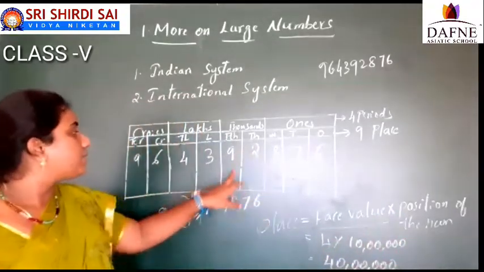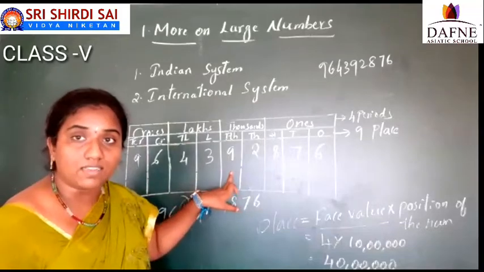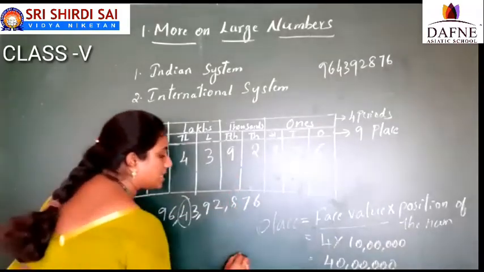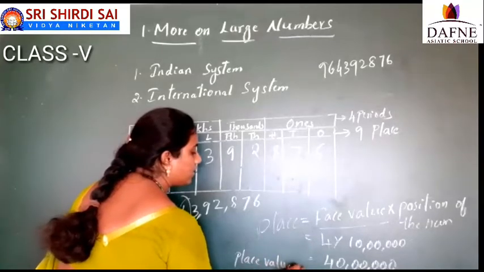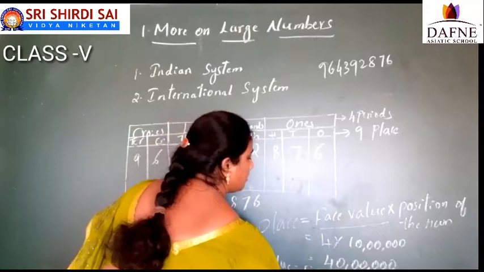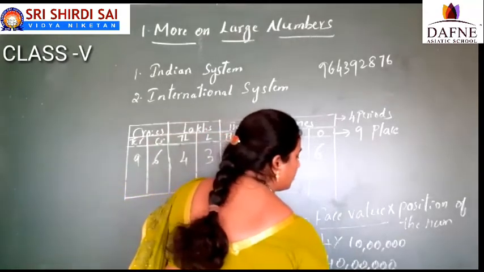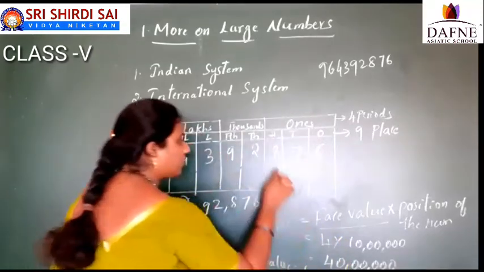So once again, see, if I want the place value of 9. What is the place value formula? Place value is face value into position of the number. Now, what is the face value of 9?